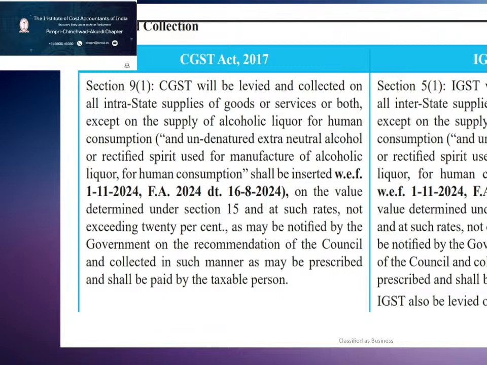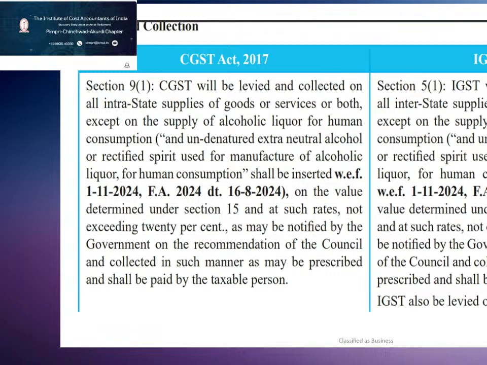Then the value of inward supplies on which he is liable to pay tax under reverse charge. We should see whether inward supplies on which tax is payable under reverse charge form part of aggregate turnover or not. Then the last one is the value of exports. So he is doing these many activities.